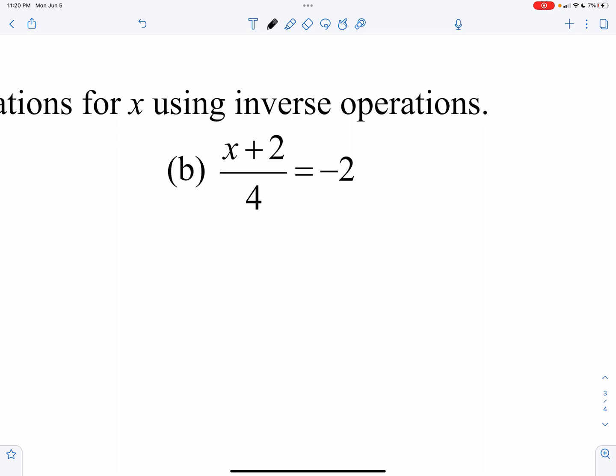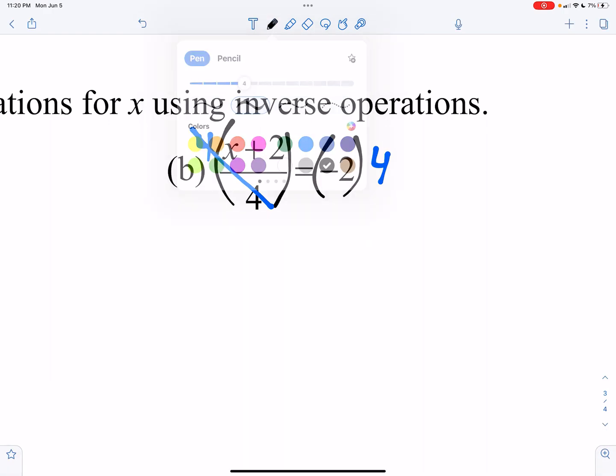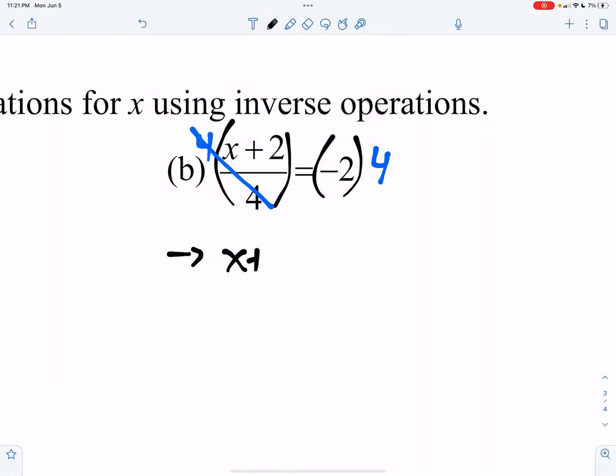Letter B. Well, in order to get x by itself, you have to get the opposite of adding 2 and the opposite of dividing by 4. Well, I'm going to start with dividing by 4 first. And I'm going to do the opposite of dividing by 4, which is to multiply by 4. And if I do that, I get x plus 2 equals, and on this side, negative 2 times 4 is negative 8.